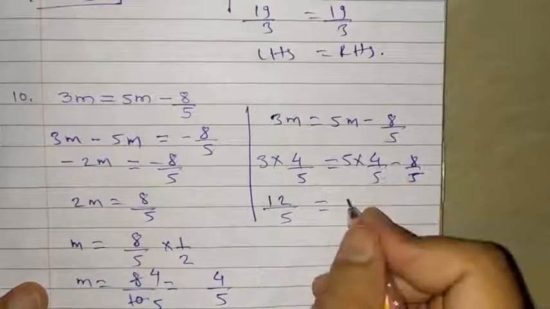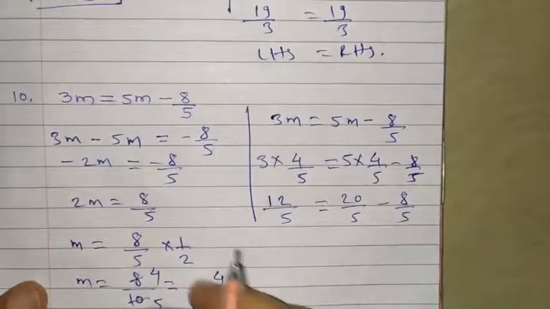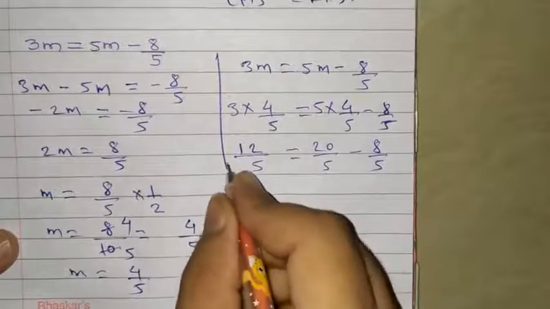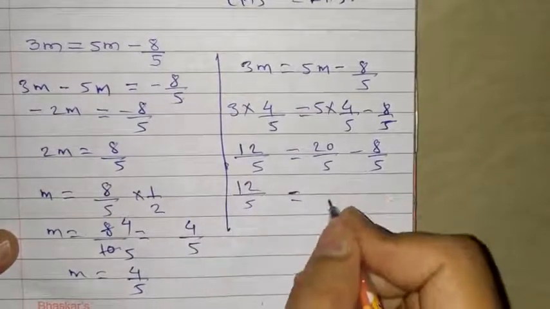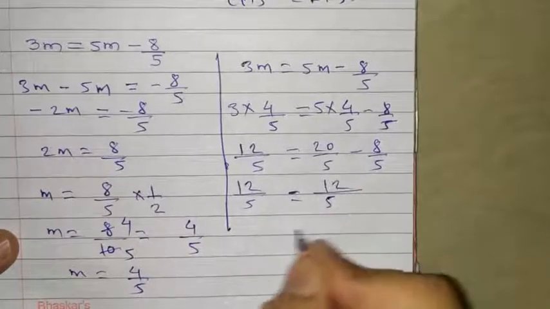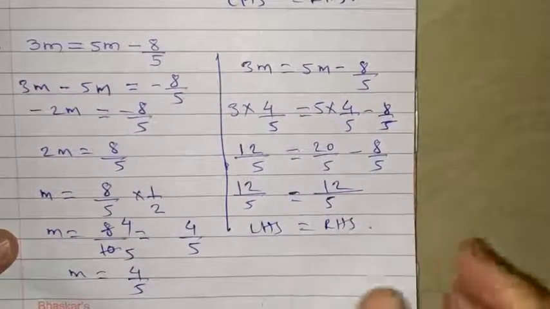Here 5 into 4 is 20 upon 5 minus 8 upon 5. 12 upon 5 as it is, equals to, here denominators are same, so 20 minus 8 is 12. So it means LHS is RHS. So it means our answer is correct.